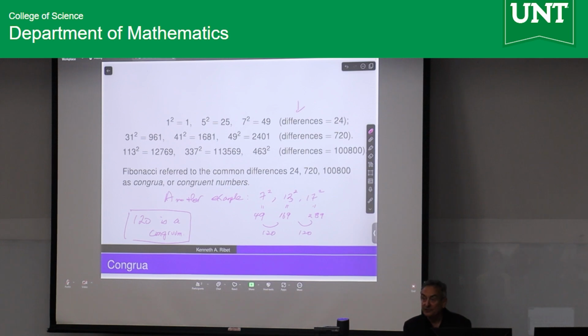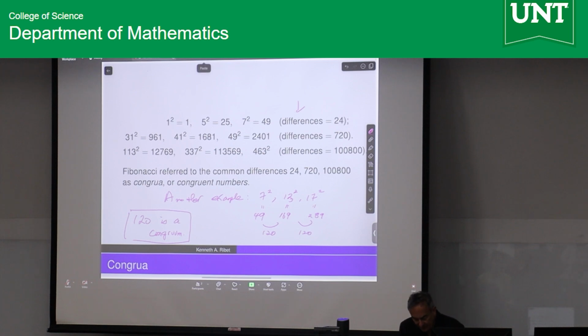So these differences, if you take large squares, as we're already doing in the third line, can be pretty big. And Fibonacci, who was writing in Latin, referred to each such difference as a congruum, or the plural is congrua. That's my Latin. And in modern parlance, we talk about them as congruent numbers.